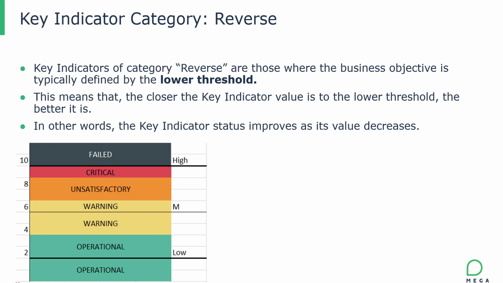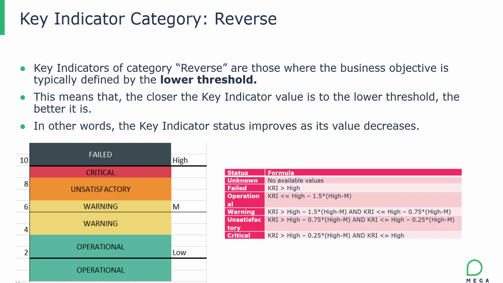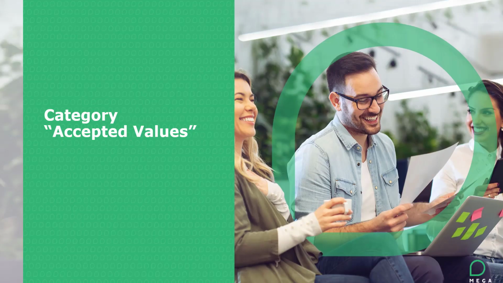Every value smaller than the lower threshold will still provide an operational status for our key risk indicator. Again, if needed, this slide provides details about the mathematical operations behind the computation of the different status for our indicator.